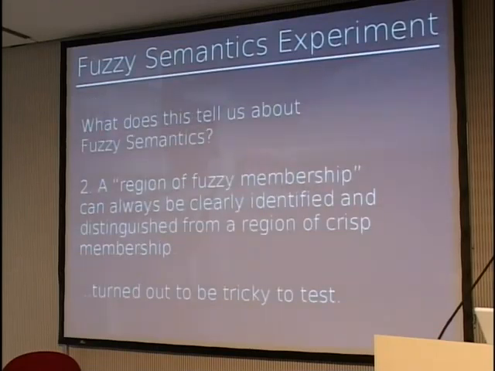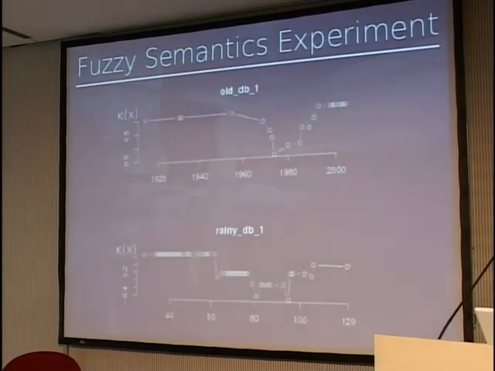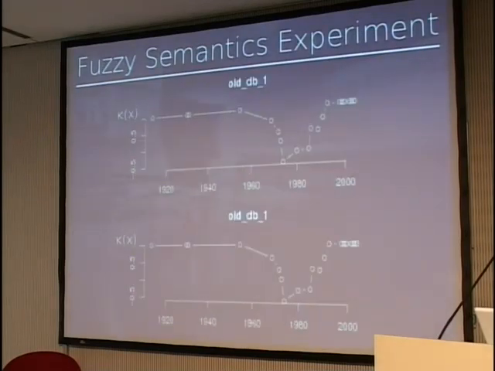And then the second thing is that in that function there will be a region of fuzzy membership, so that there are a couple of values for which there is no dispute about whether that is a bald person or not. So you will have a transition region somewhere in there. And the way we tested that was to look at different values for cutoff points.